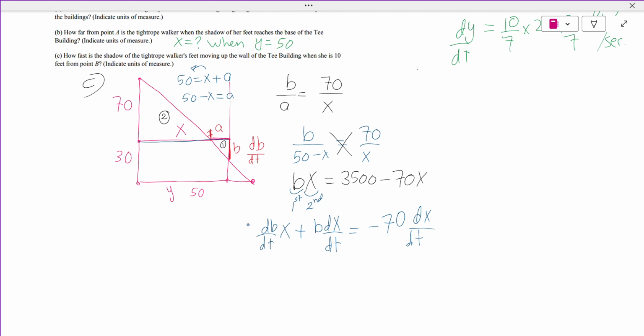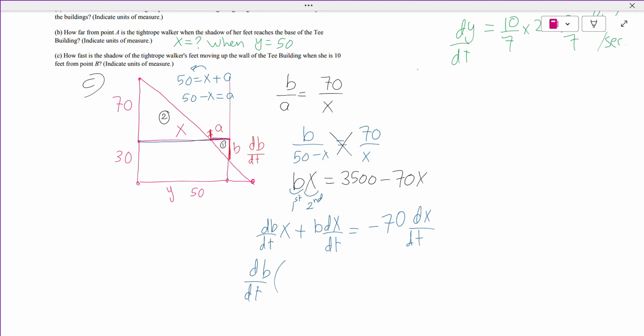The thing we are looking for is dB over dt, right? Times x. Now x is equal to what?